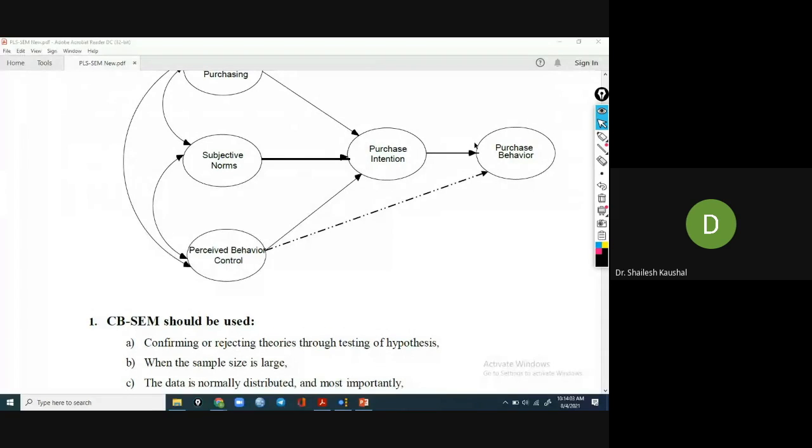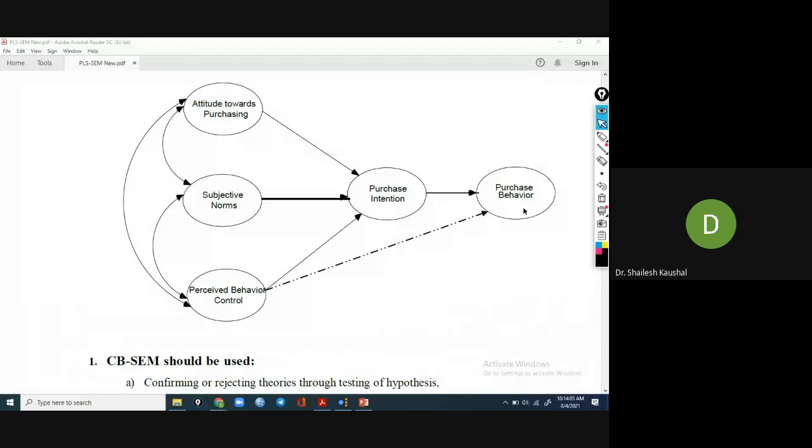It means purchase behavior is endogenous, so we cannot replace purchase behavior with attitude here. If I take attitude and purchase behavior this way, it is not a correctly specified model.